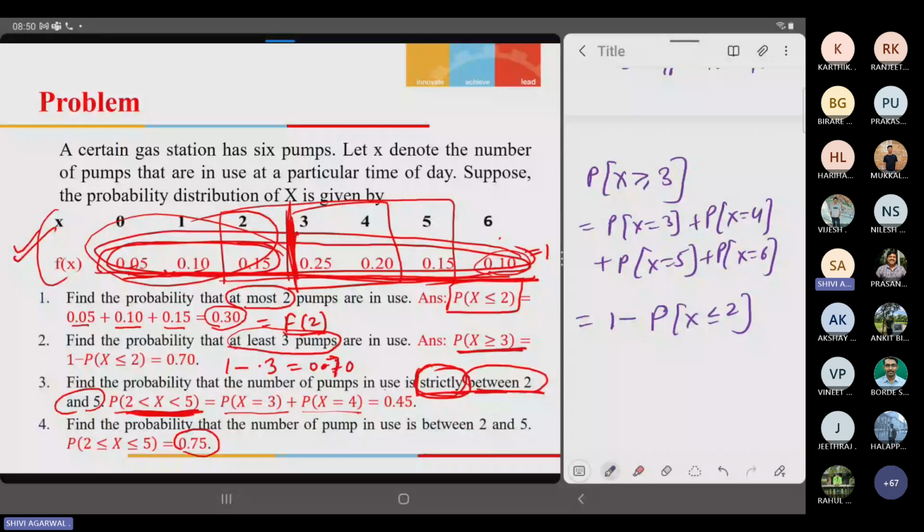Both are different here. Small f is the probability density function, and capital F means what? It's the cumulative distribution function. So f of 1 is equal to the probability when x is equal to 1, and capital F of 1 is equal to the probability when x is less than or equal to 1.